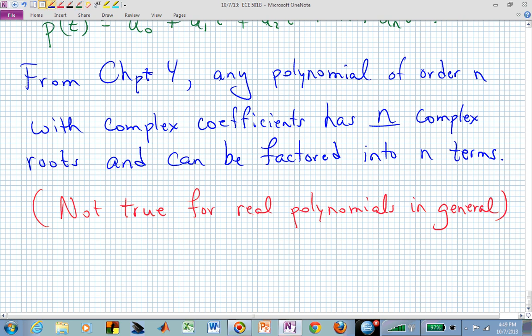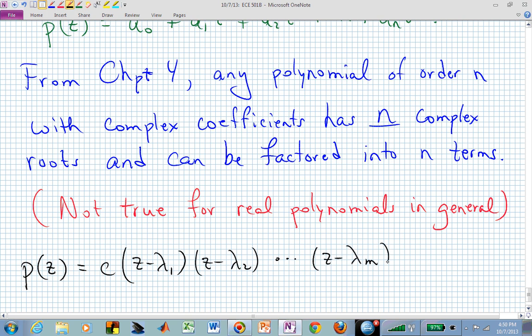But once we have these n terms, then we can rewrite P of z, this nth order polynomial, as some complex number c times z minus lambda 1, z minus lambda sub 2, up to z minus lambda sub n.